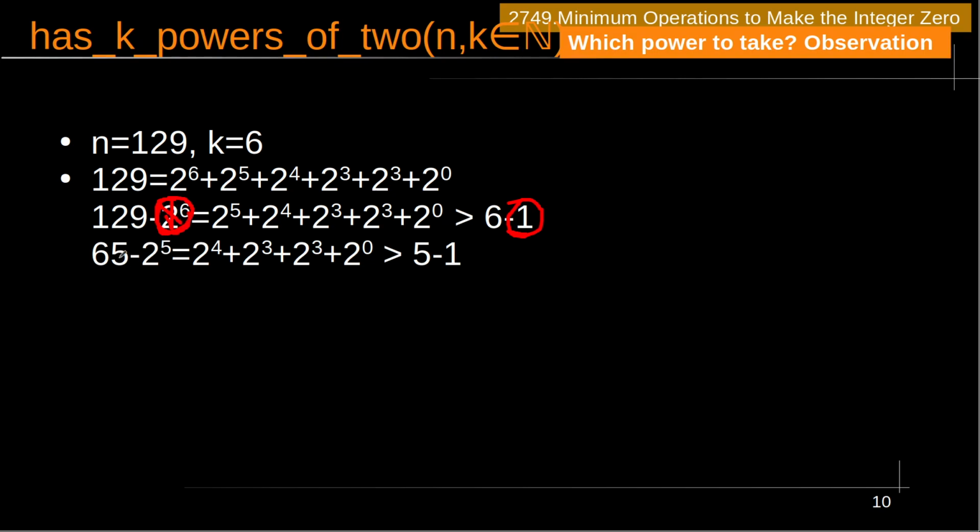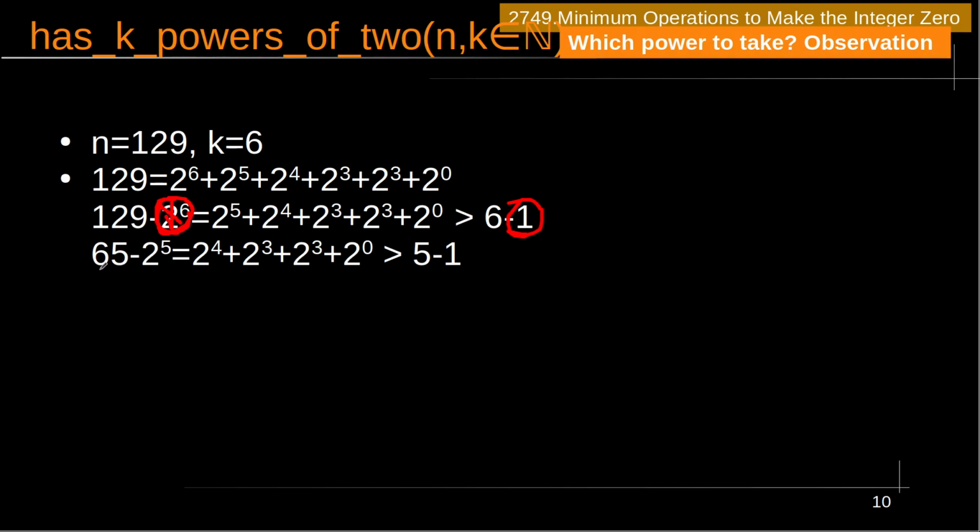Now I will check 65. The number of 5 powers of 2 for 65, because we do not talk about 6 here. 6 is for 129. When I found 1 power of 2 for 129, we have to reduce k by 1 because we found 1.